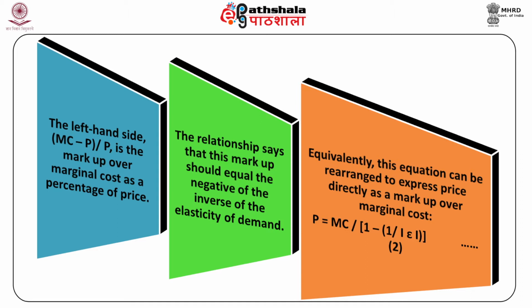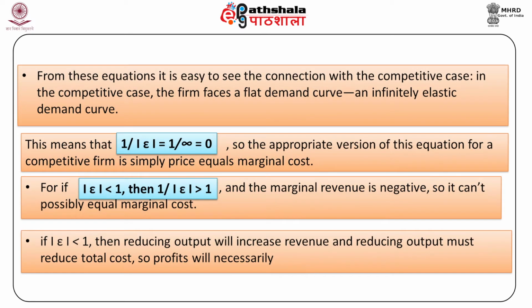Equivalently, this equation can be rearranged to express price directly as a markup over marginal cost. This is to say that P is equal to MC divided by 1 minus 1 upon the absolute value of sigma. From these equations, it is easy to see the connection with the competitive case.